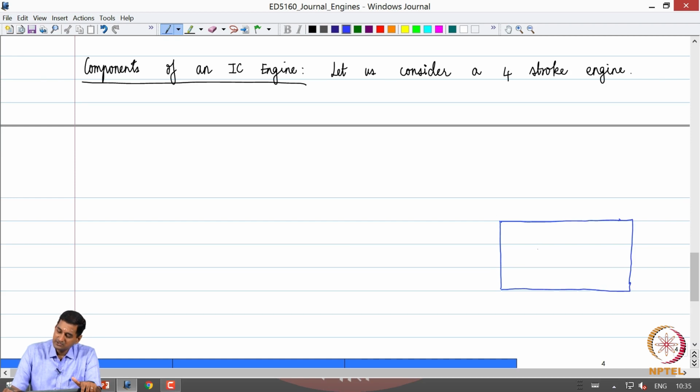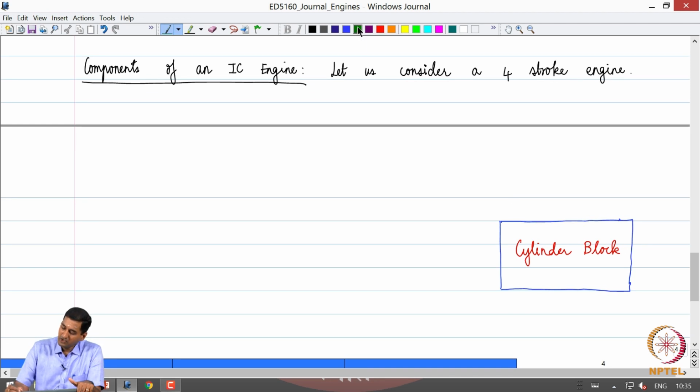So typically we have what is called a cylinder block in the middle. These comprise what are called cylinders and pistons. That is where the combustion happens and chemical energy is converted to thermal energy and thermal energy is converted to kinetic energy. That is what is called a cylinder block.